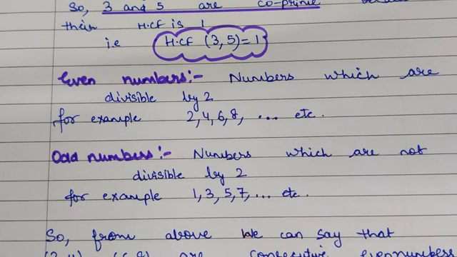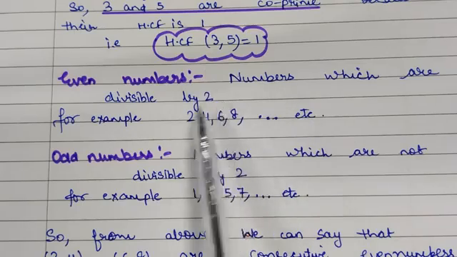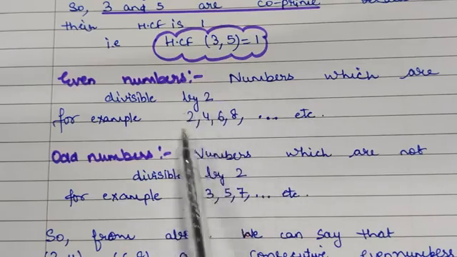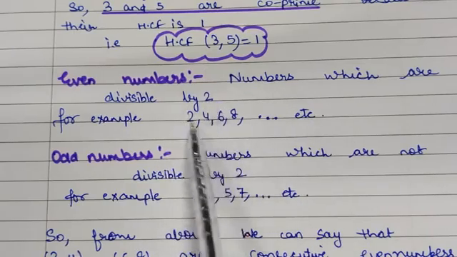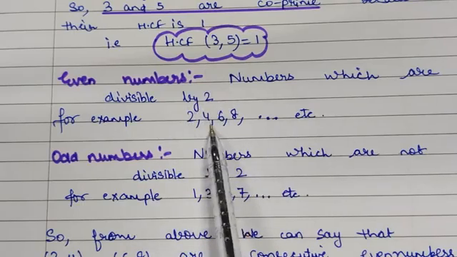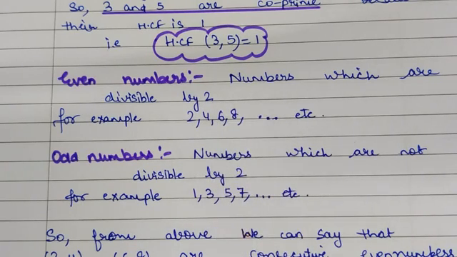So from above we can see that 2, 4, 6, 8 are consecutive even numbers. Why are these consecutive even numbers? Because there is no other even number between them. Why are they even? Because they are divisible by 2.